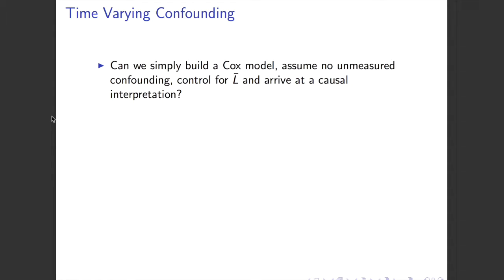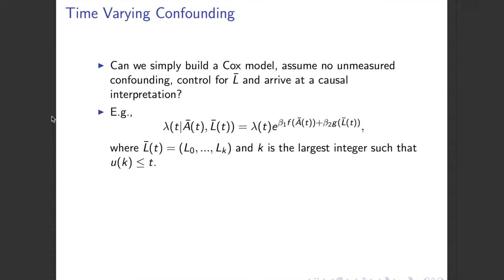So can we build a Cox model, assume no unmeasured confounding, because let's say that L captures everything, control for L, and arrive at a causal interpretation like we did before? What would that look like? We would have the hazard at time T depending on your past treatment history and your past covariate history. It's some baseline hazard times e to the beta 1 times some function of the past treatment plus beta 2 times some function of the past covariates.